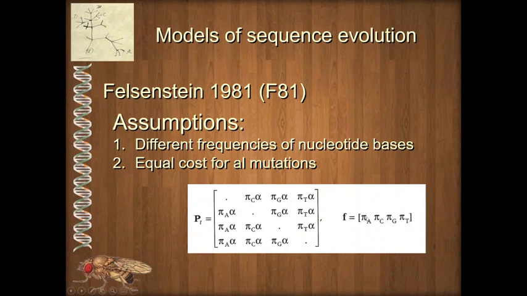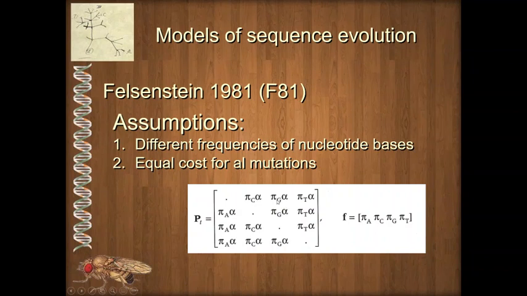We've got different possible frequencies here represented by this little pi A, pi C. These can all be different numbers now rather than all being the same. But notice that the alpha here is the same for each of the possible mutations. So simplistically, the assumptions for Felsenstein 81 is that we have different frequencies of the nucleotides, right? But an equal cost for all types of mutations.